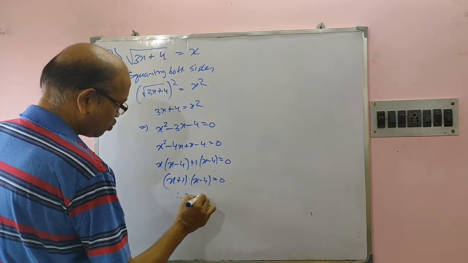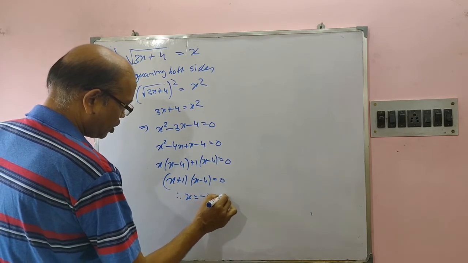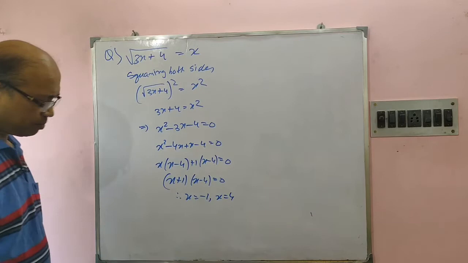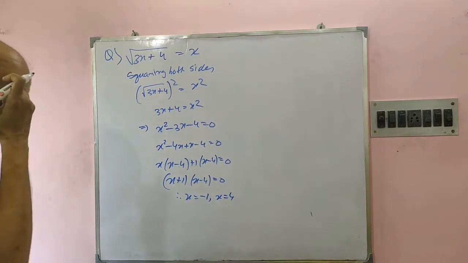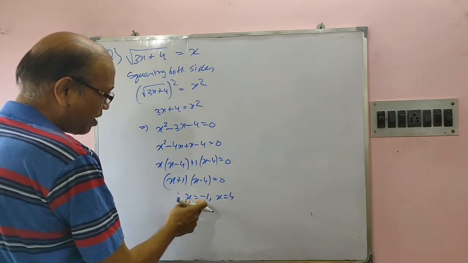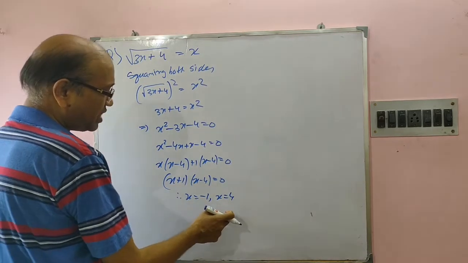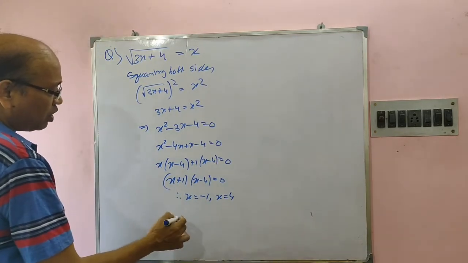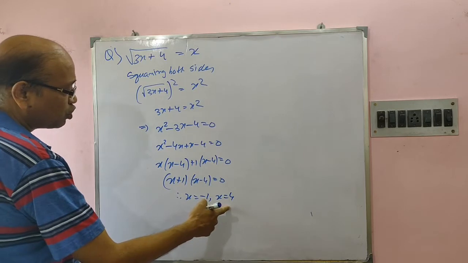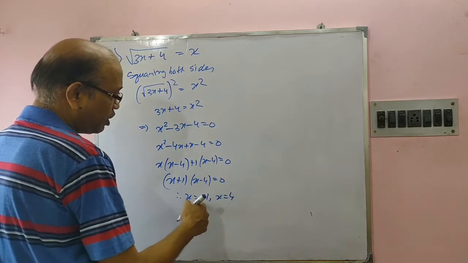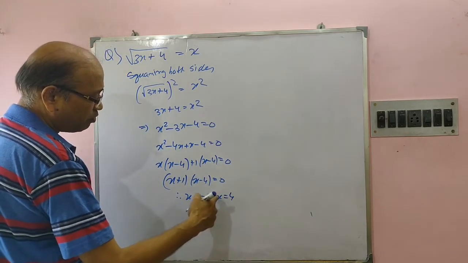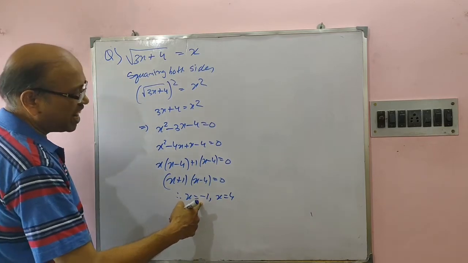Therefore x equals minus 1 and x equals 4. Now understand here, we got two values of x, minus 1 and 4. Now the answer is always the positive value. We take the positive value of the square root, not the negative one.